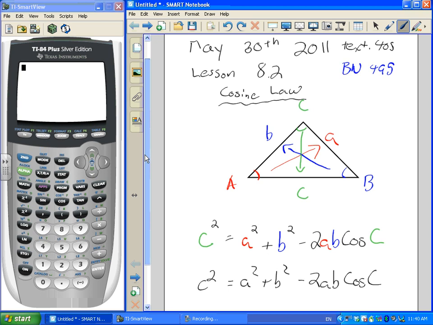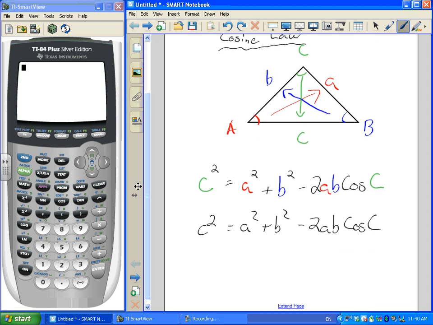Cosine law. Okay? So I color-coded it to match the triangle up there: side C, angle C, side A, and side B. Cosine law is set up to solve for angle C or side C. We do not go solving for side A or B. We don't solve for any of those in cosine law.